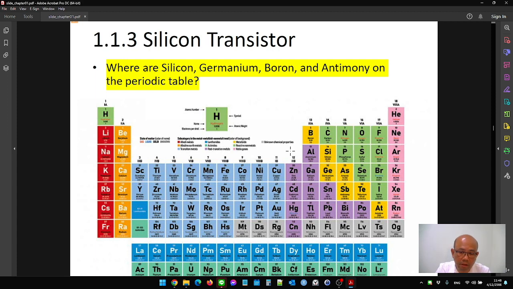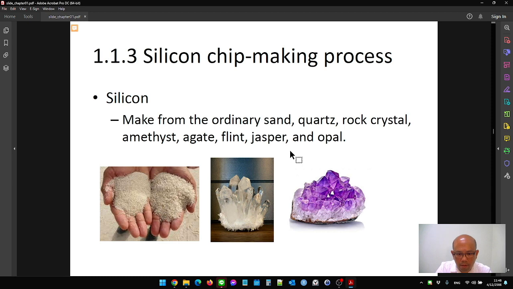It is between conducting and resisting. Silicon is made from sand. You can create silicon from sand, or crystal, or rock. From some kinds of rock you can make silicon.